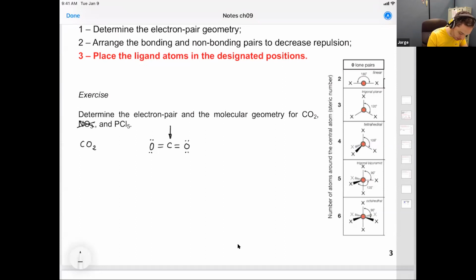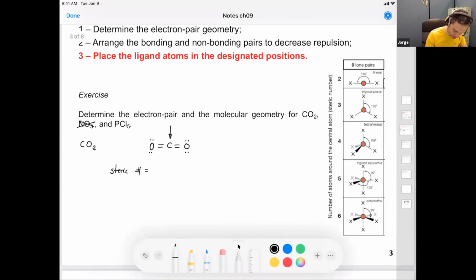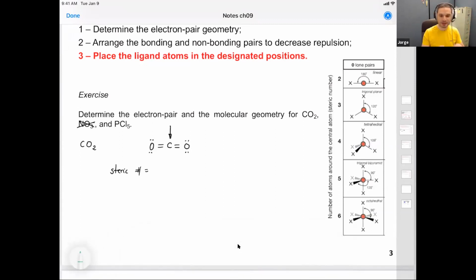First step here is to determine the steric number. The steric number is going to look at bonding and non-bonding electrons around the central atom. Single bond counts as 1, double bond as 1, triple bond as 1, and lone pairs as 1 as well.